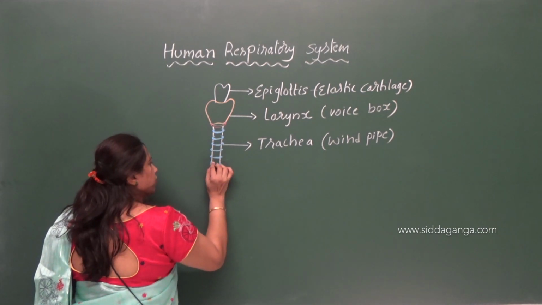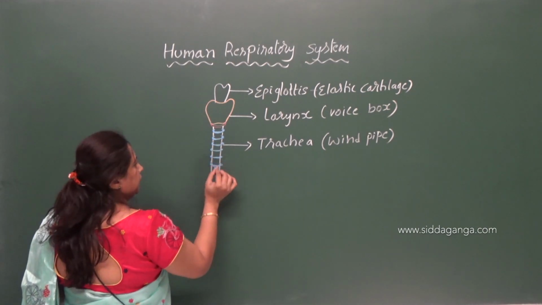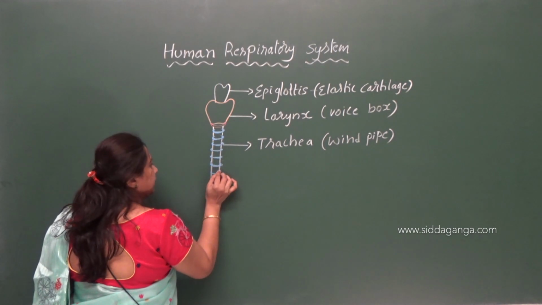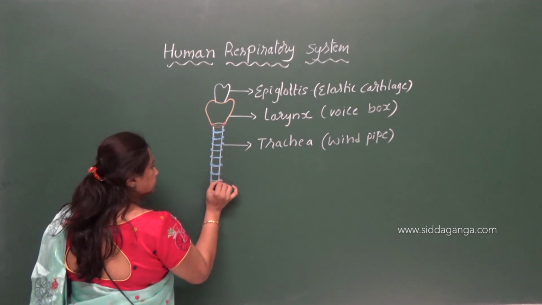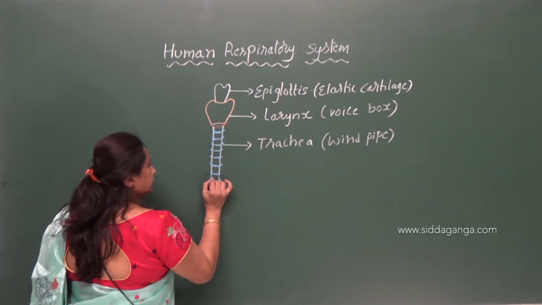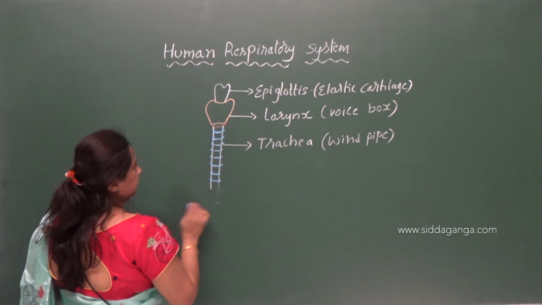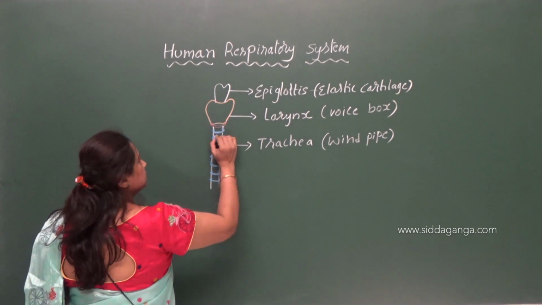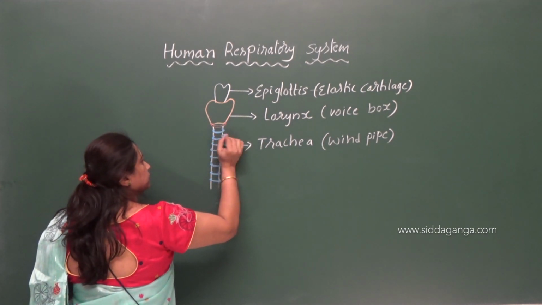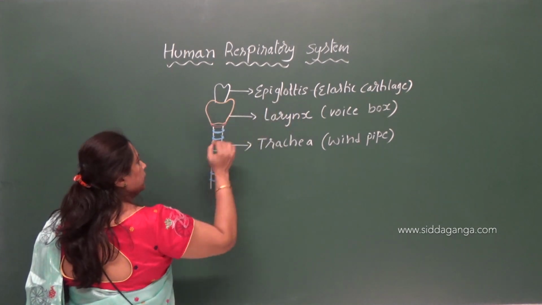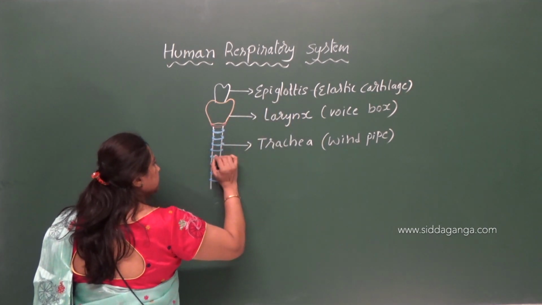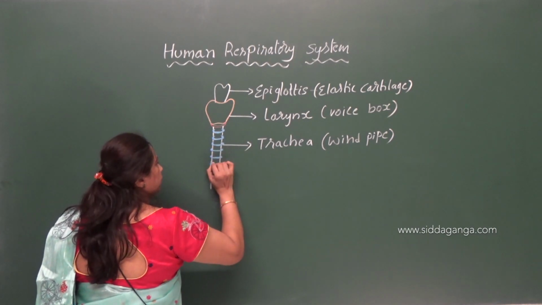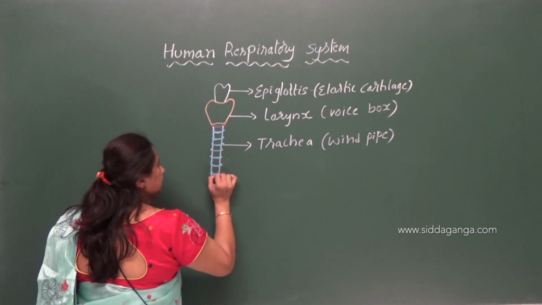The type of cartilage present here is hyaline cartilage. I said there are three types of cartilage, right? Hyaline cartilage, elastic cartilage and fibrocartilage. The epiglottis is made up of elastic cartilage and these C-shaped cartilaginous rings are made up of hyaline cartilage.